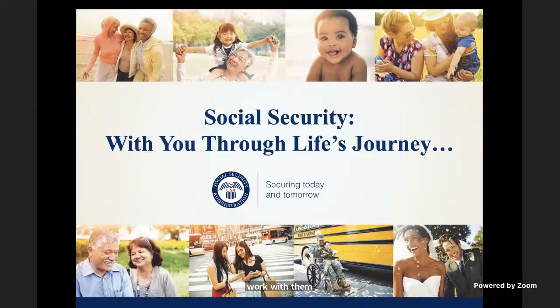Okay, can someone on SSDI apply for Medicaid? Can they get both, or do the Medicaid benefits affect their SSDI? It will not affect them at all. So please, while they're waiting for their decision with us, definitely file for Medicaid. Absolutely.